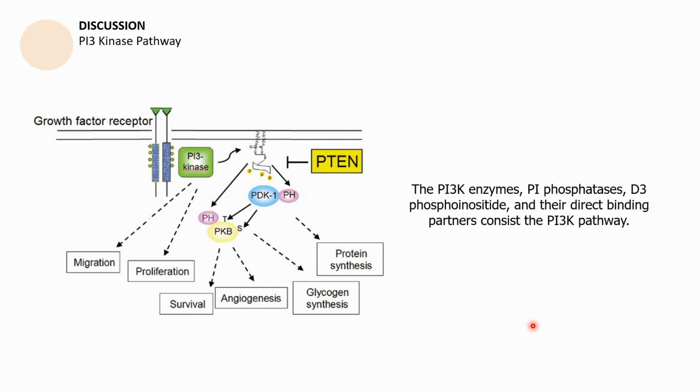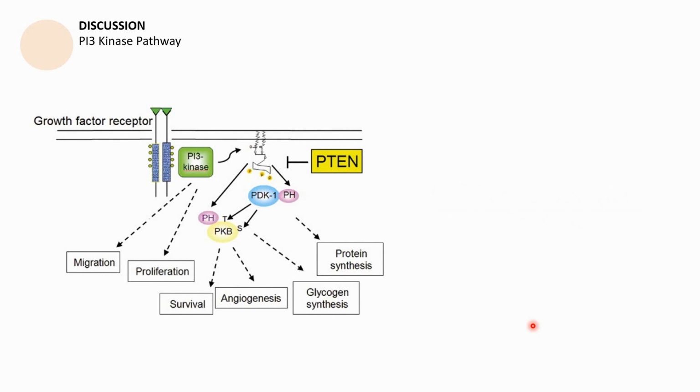So PI3K enzymes or PI phosphatases, D3-phosphoinositide and their direct binding partners make up the PI3 pathway. So all of them, yung PI phosphatases, D3-phosphoinositide, and the PI3K enzymes are all involved. So the phosphoinositide 3 kinase or PI3K pathway is already discussed.